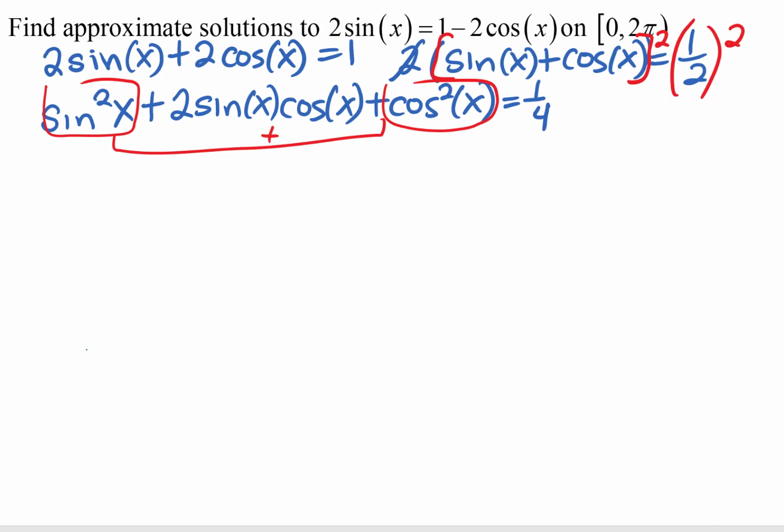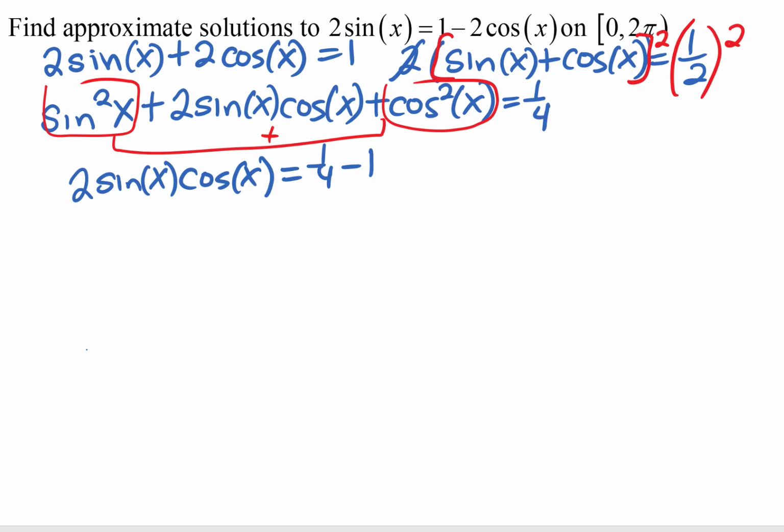So let me rewrite what I have. I have 2 sine x cosine x equals 1/4 minus 1, because this combined to be a 1 and I subtracted it on that side. Now looking at that equation, I see a couple of things.